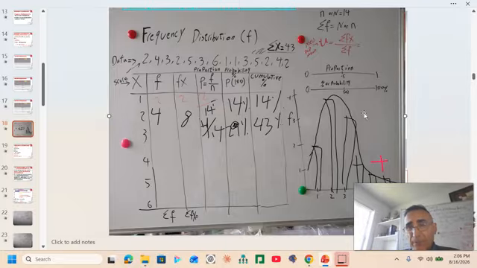Proportion is a measurement from 0 to 1, as you can see on the top right square on the right side of your screen. Probability is a measurement from 0 to 100, a percentage. We measure the probability with percentage.